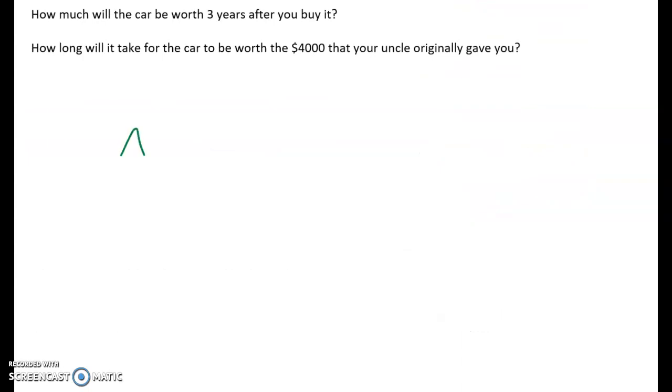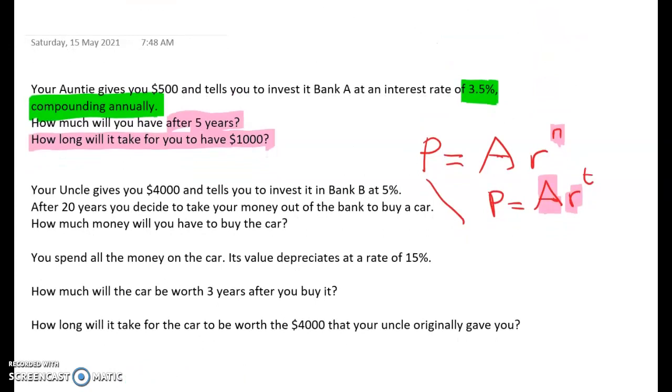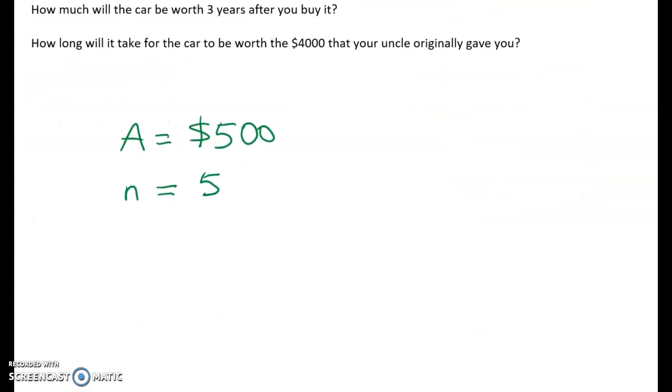So the initial amount is what she gave us, which was $500. And we're going to invest it for 5 years. So N will be 5. Well, we want to know how much we'll have after 5 years. And the interest rate is 3.5%.